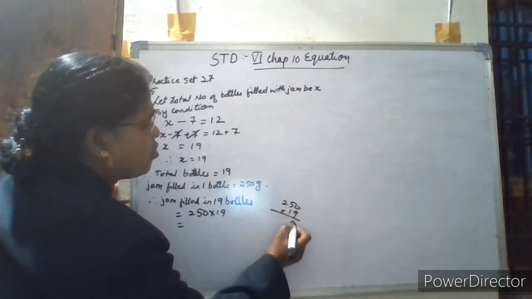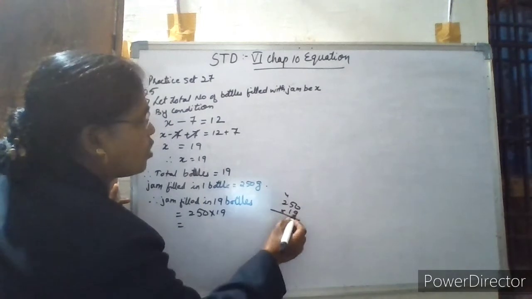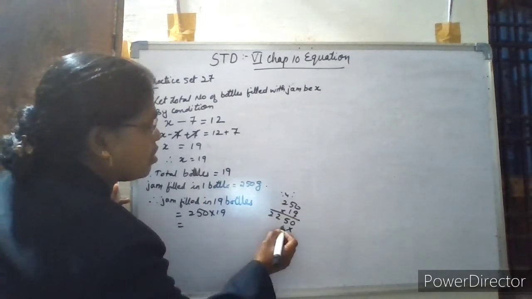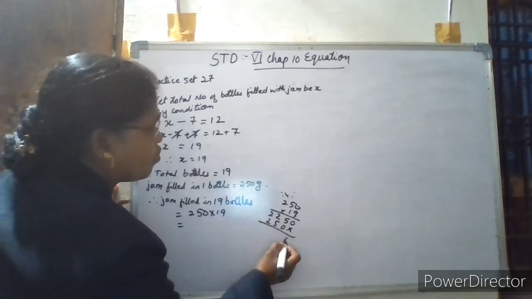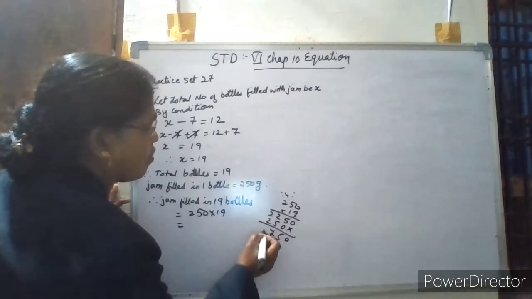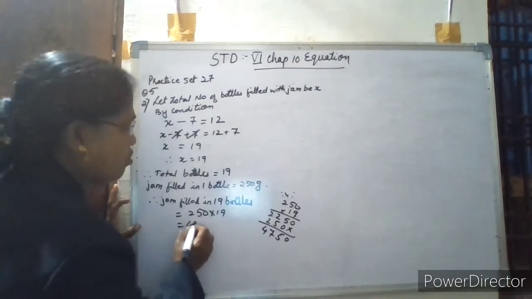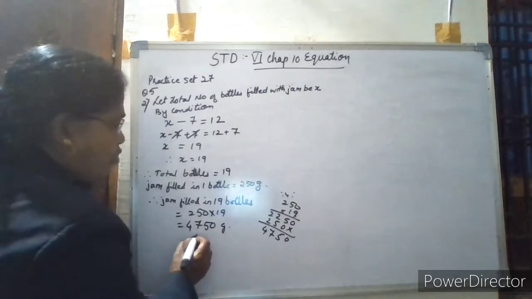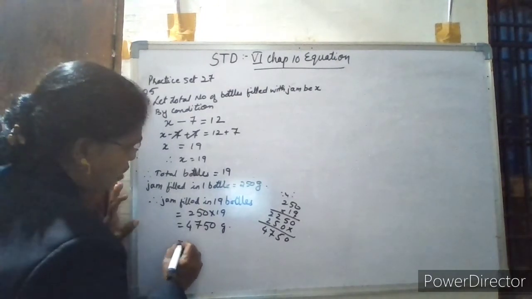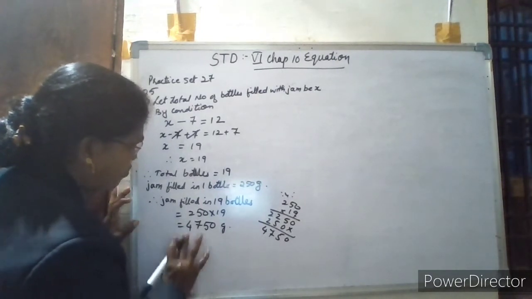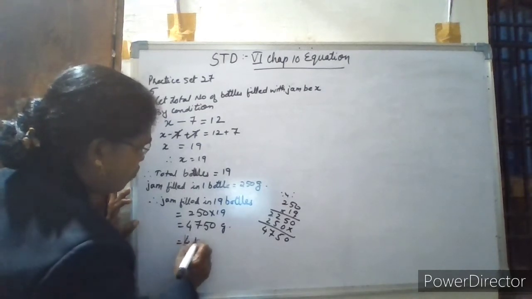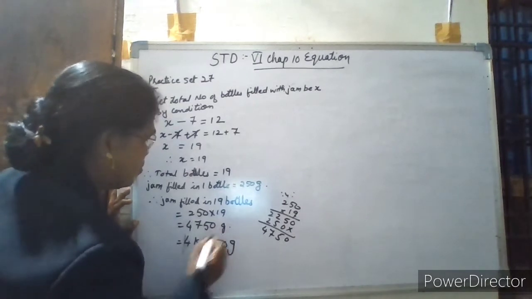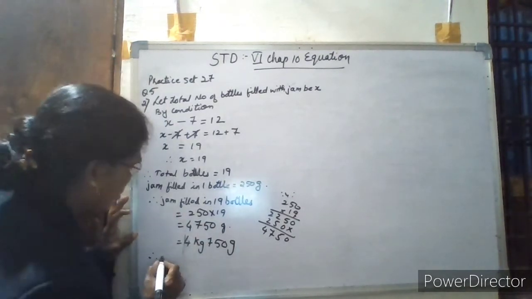So 9 times 0 is 0, 9 times 5 is 45, carry 4, 9 times 2 is 18, 22. Then 1 times 250 is 250. Adding: 0, 5, 7 and 4. So 4750 grams, that is equal to 4 kg 750 grams.